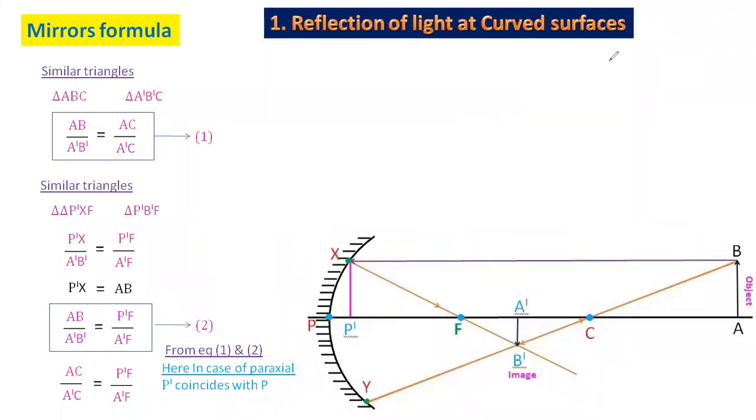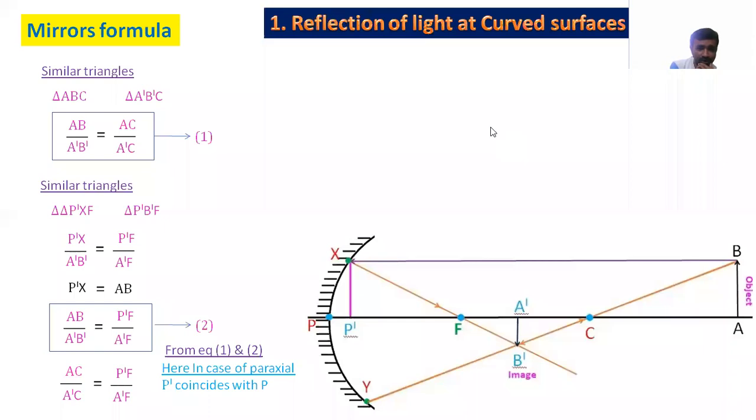Is everyone clear what a paraxial ray is? Paraxial rays are the rays which are parallel to the principal axis and very close to it. We have 5 minutes only in this meeting ID.